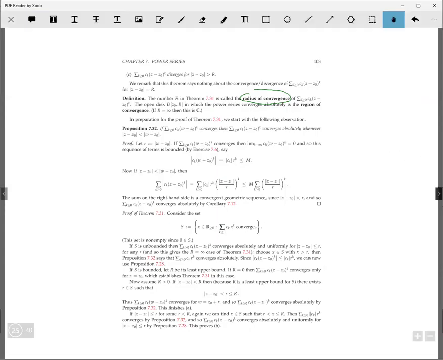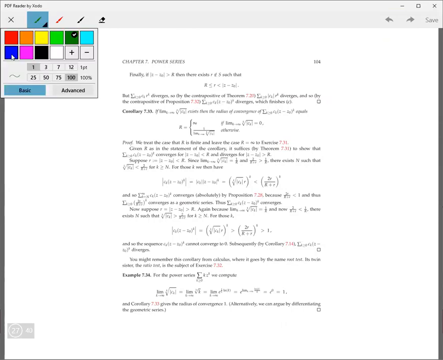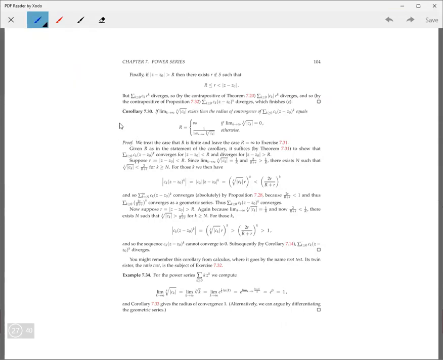Let's talk a little bit about that. This is the only one I could find that they give you in the book for finding the radius of convergence.